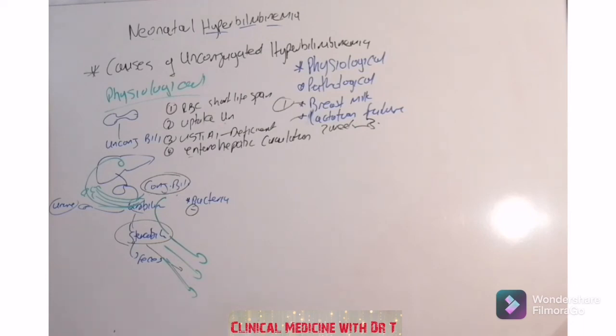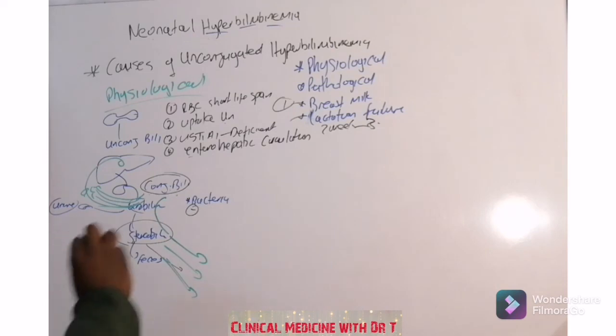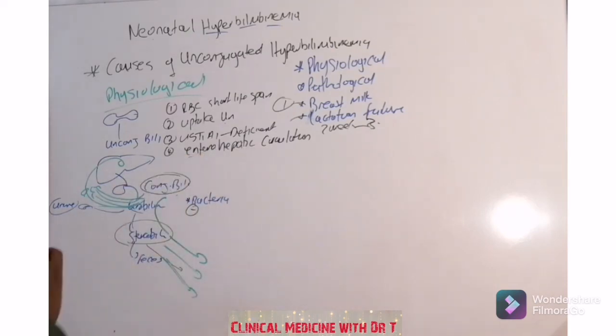But the bottom line is that the neonate ends up not getting enough fluids, enough calories. They become dehydrated, they get hyponatremia, and then that alone triggers an enterohepatic circulation.